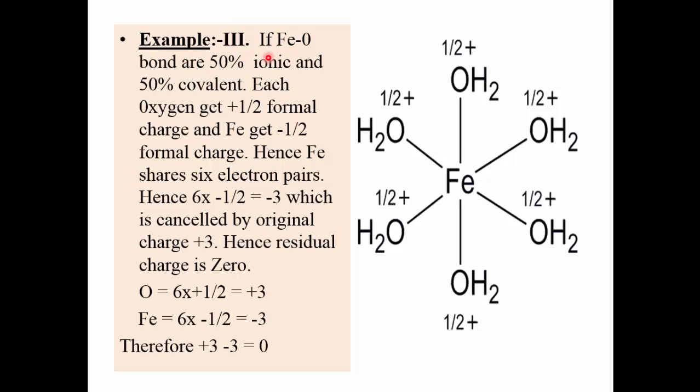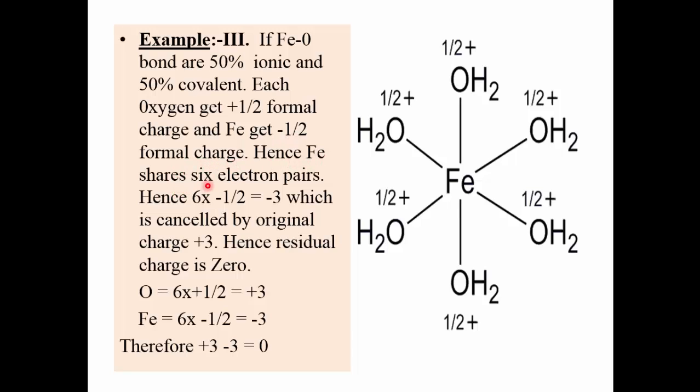If the iron-oxygen bonds are 50% ionic, 50% covalent, at that time each oxygen atom gets +½ formal charge. In the last case we discussed that on the oxygen atom there is +1 charge. Now as it is 50%, it gets +½ charge, while iron, instead of -1 charge, gets -½ formal charge.